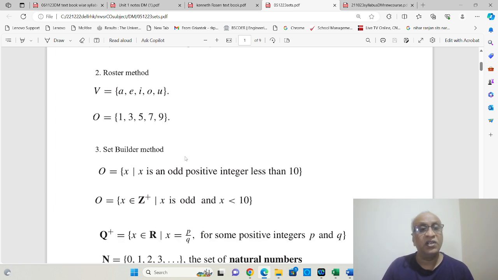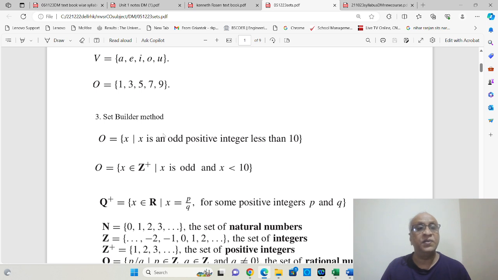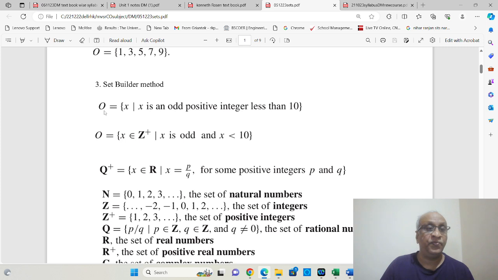The third method for set representation is the set builder method. Here the set builder method has some rule or some formula which will specify who can be a member of the set. Say for example O here. O is a set. It consists of x. But what is the rule for this x? x is an odd positive integer less than 10.